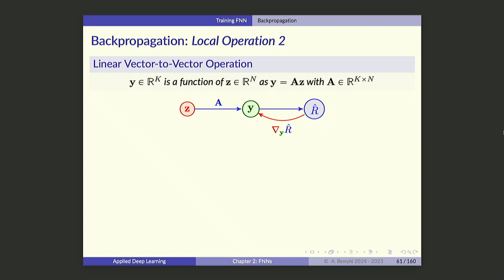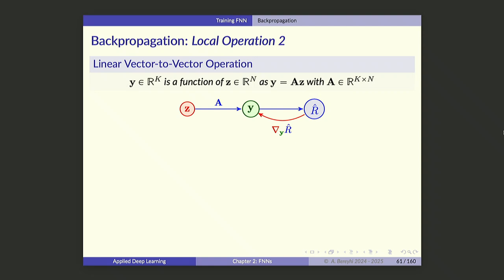Y equals Az, okay? This guy is n-dimensional. This guy is k-dimensional. What should be the dimension of this one? K by n, right? So this guy should be k by n, right?